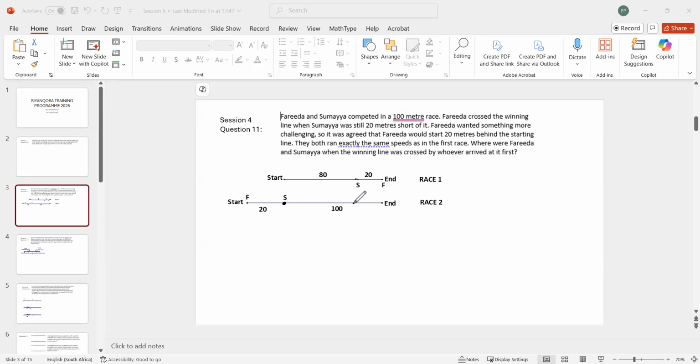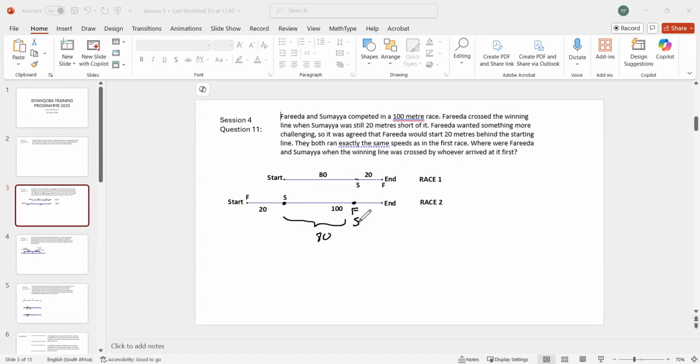So suppose we see what happens when Sumaya runs 80 meters. Now, because of the 20-meter start, Farida will run the same 100 meters when she does 80 meters. So Farida and Sumaya are at the spot here, 80 meters from the start. So when Sumaya does 80, Farida does 100, and because of the head start, they will be together at the spot.